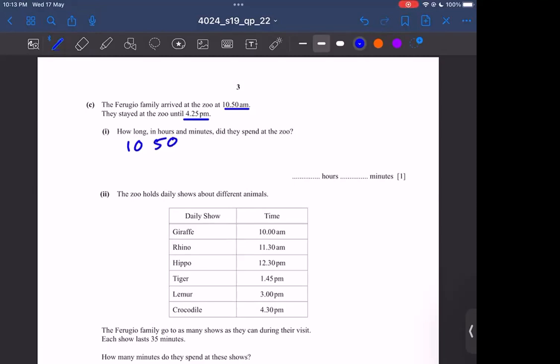But when it comes to 4:25, 4:25 in 24-hour clock will be written as 16:25. 4 PM is basically 16 in 24-hour clock. So I'm going to subtract these two values.